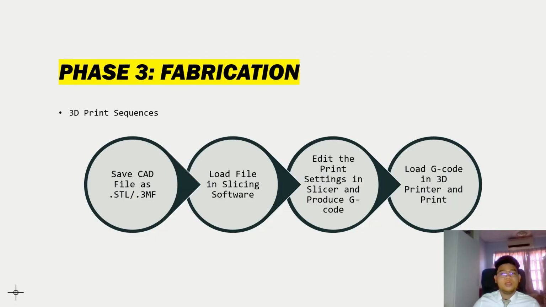Okay. So the last phase is the fabrication. For the 3D printing sequence, firstly I save the CAD file as .stl or 3mf, and then I load the file in slicing software, edit the print settings in the slicer and produce the G code. Then after that I load the G code in the 3D printer and I print. And then after that, you've got the part.